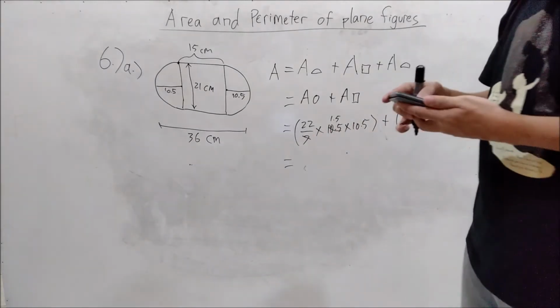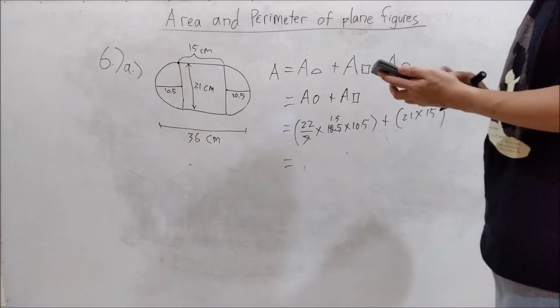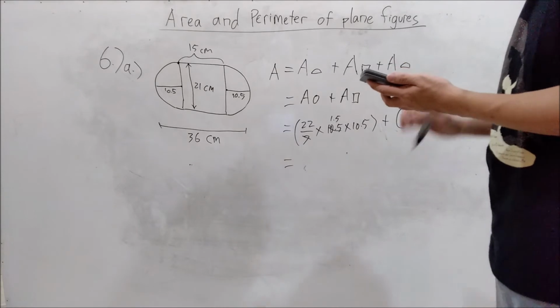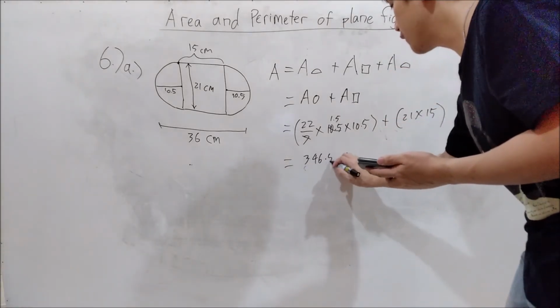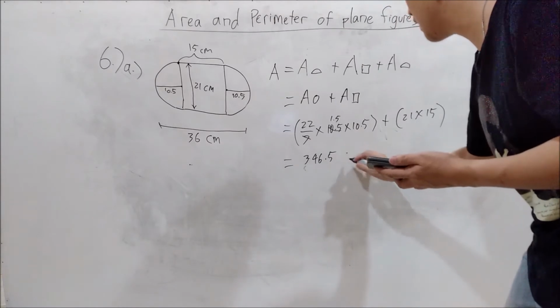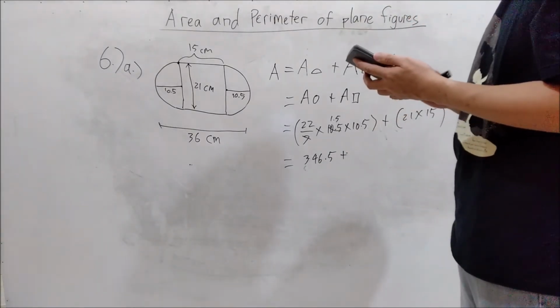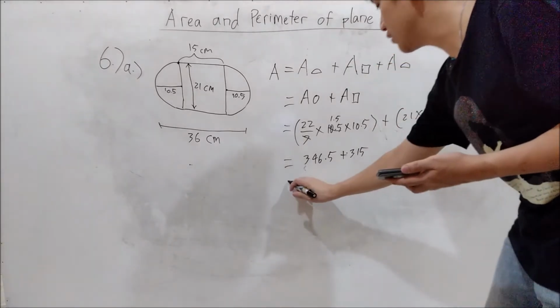And then I will use my calculator here to save time. 1.5 times 10.5, we will have 346.5 for the circle, and 21 times 15 is 315 for the rectangle.